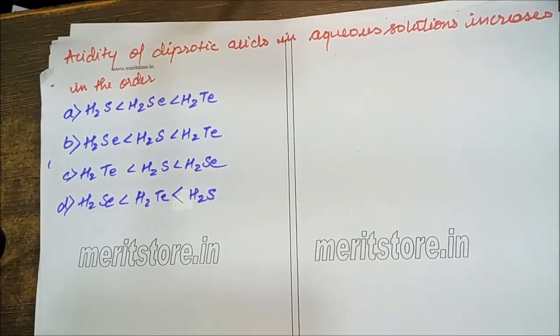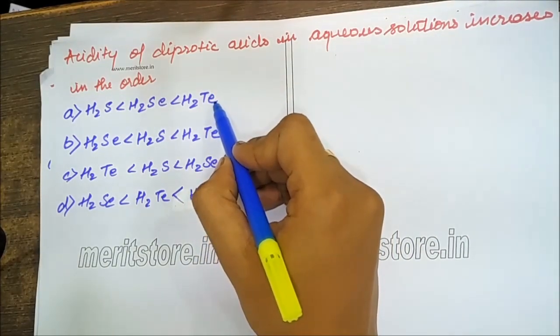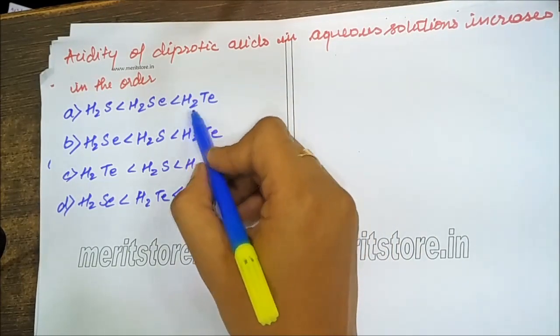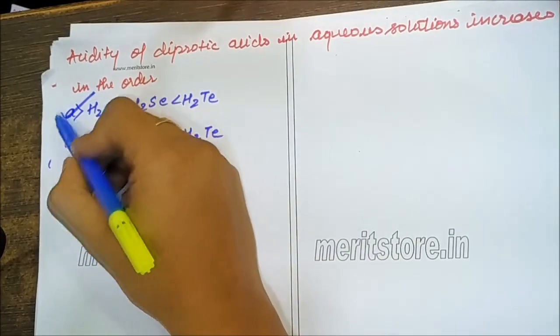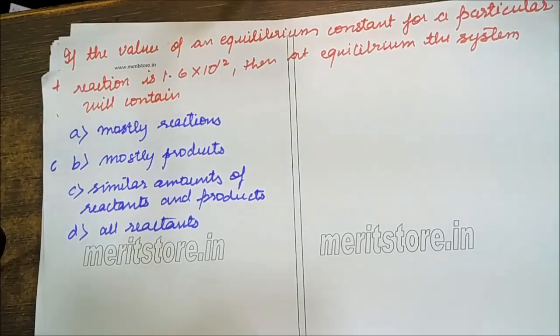Now bond length increases from H2S to H2Te. From H2S to H2Te, the bond length of H2Te is higher. So this will be easily losing the protons. So acidity of this will be the highest. Okay, so my option A is the answer for this.